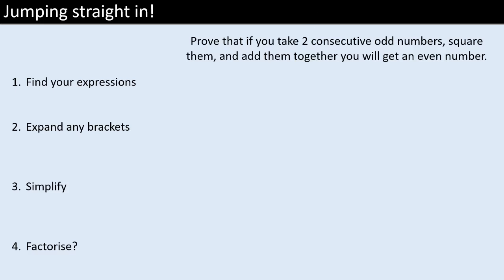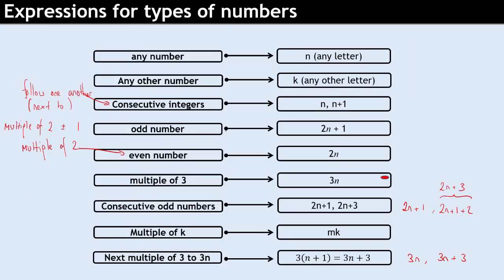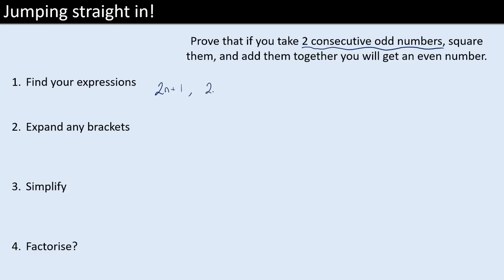We're talking about 2 consecutive odd numbers, so I need to make sure that I write those things down. 1 odd number is going to be 2n plus 1. The next consecutive odd number, as we wrote down earlier, would be 2n plus 3. Okay? We need to know those expressions.